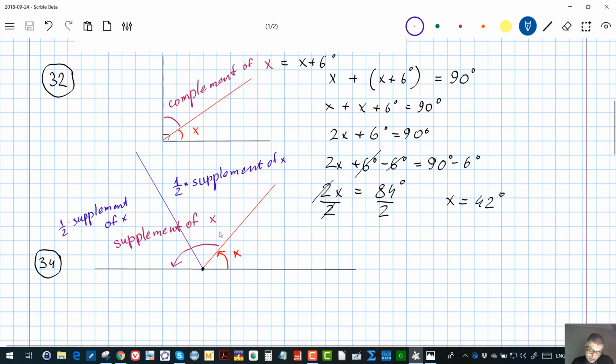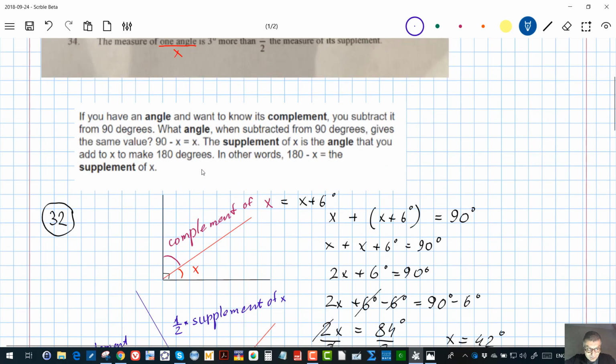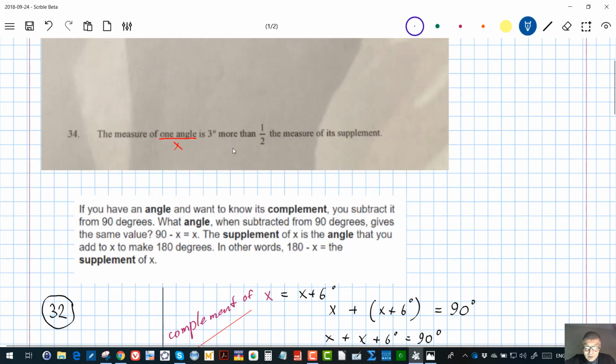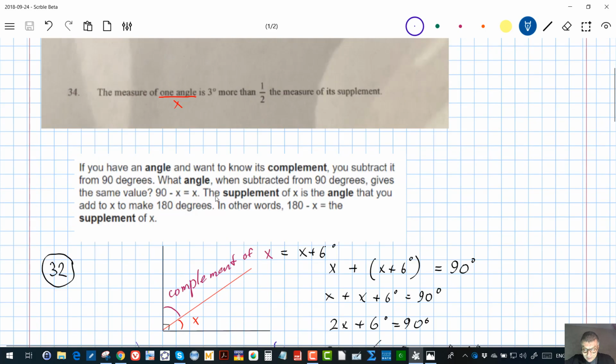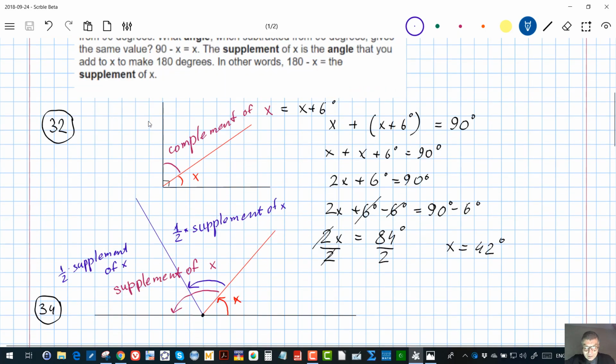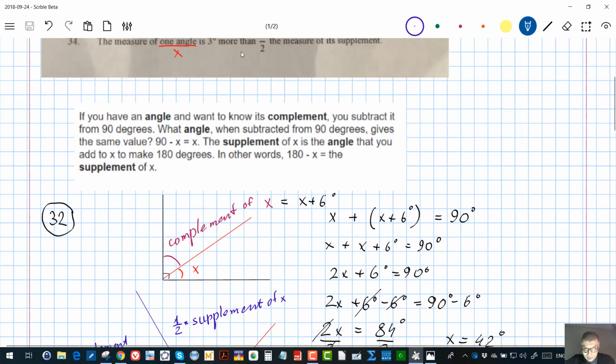Let's take this one. We have to understand that our angle x is 3 degrees more than half of the measure of the supplement.